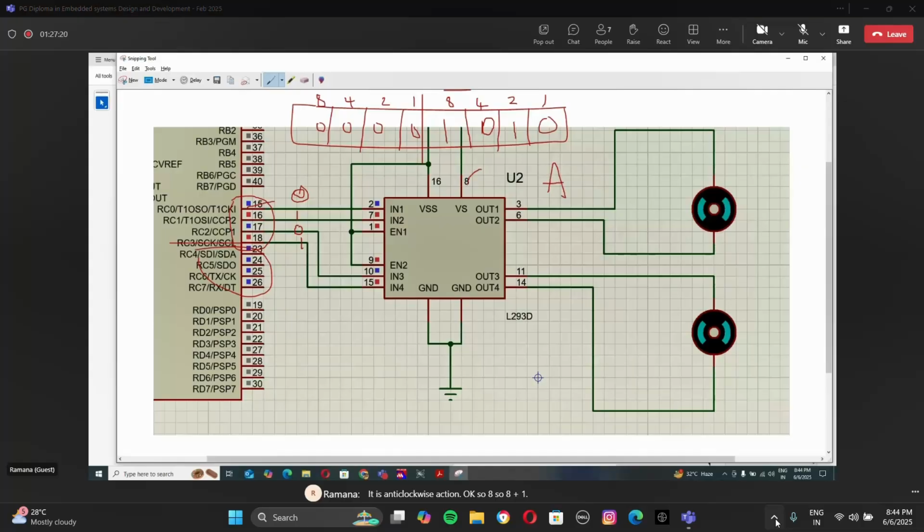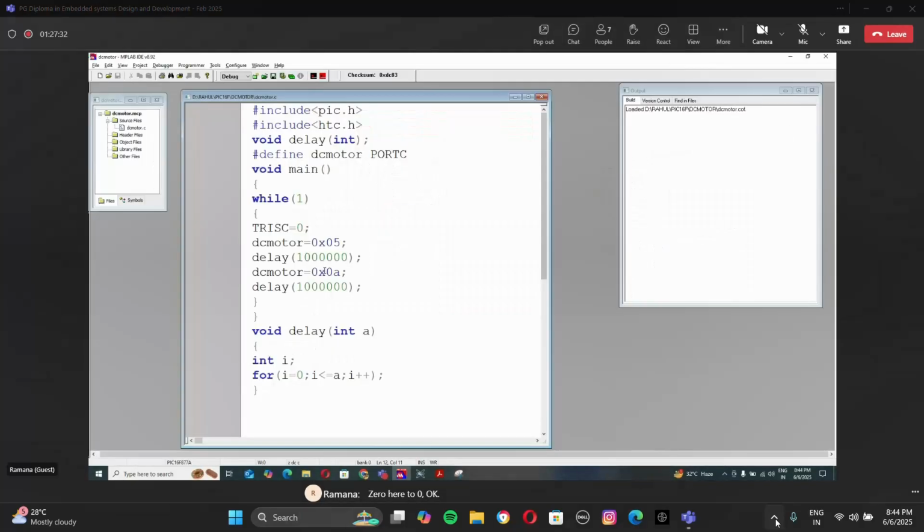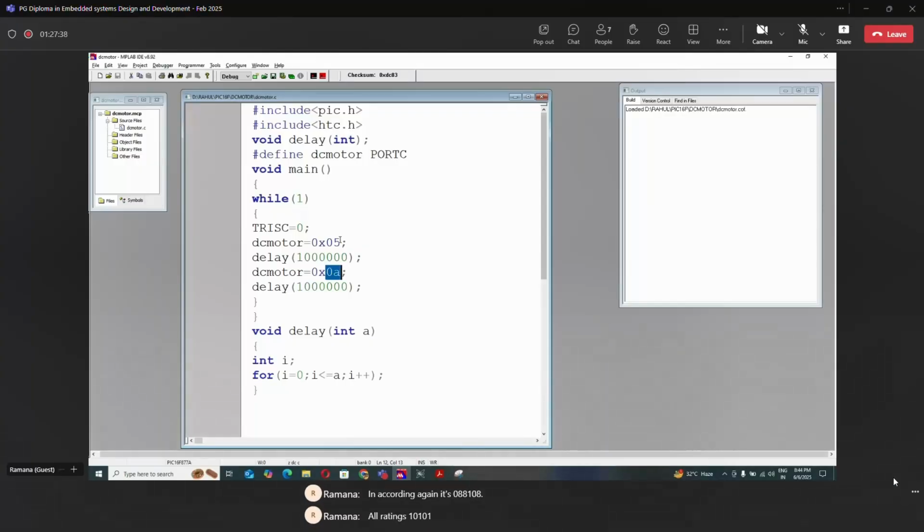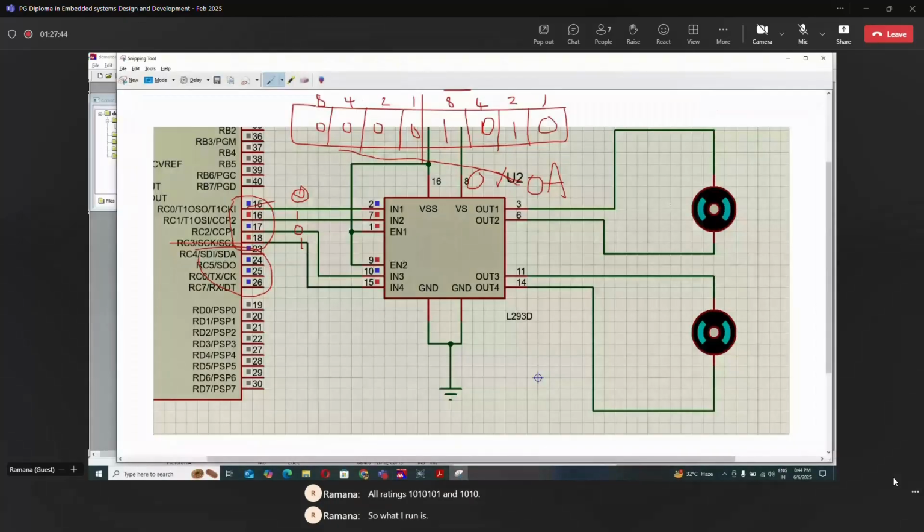So 0x0A. In the coding again we are giving 0A. Alternating 0101 and 1010, so the motor runs in anti-clockwise direction. Okay, this is the thing we have given.